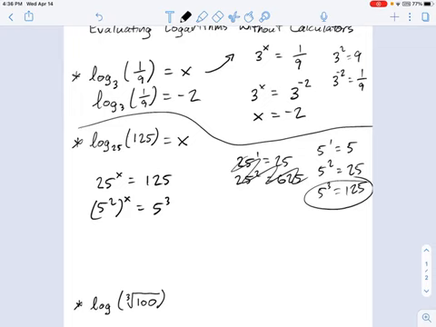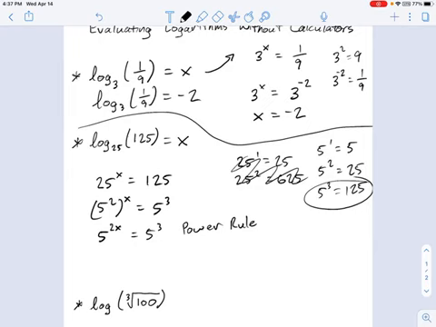Now we just have to figure out how to work this out. When you have an exponent raised to another exponent, you multiply the exponents together. So we get 5 to the 2x equals 5 to the 3 power. I'm sorry, that's not the product rule. That is the power rule, exponents raised to exponents.